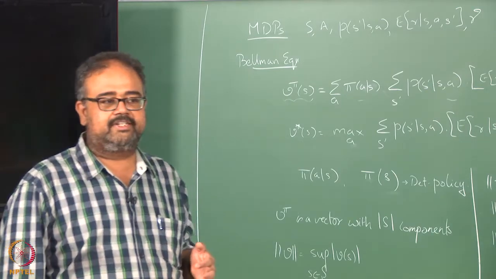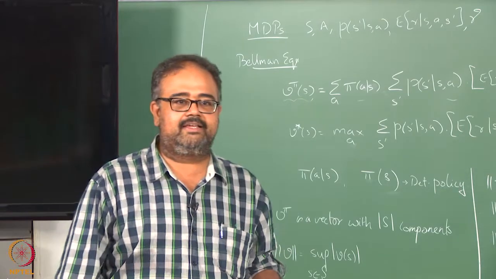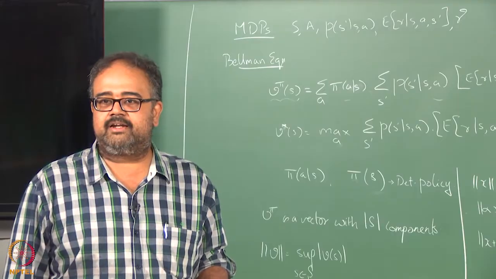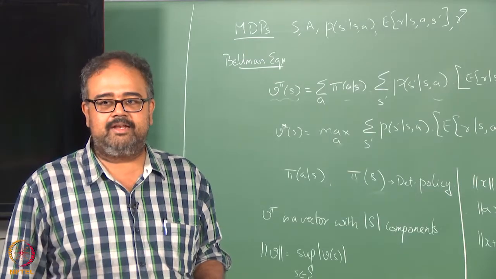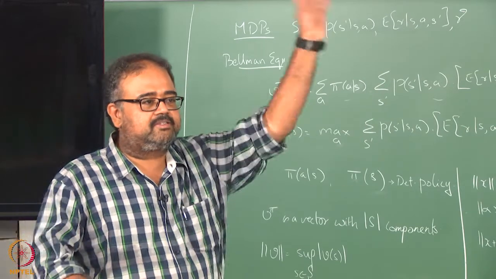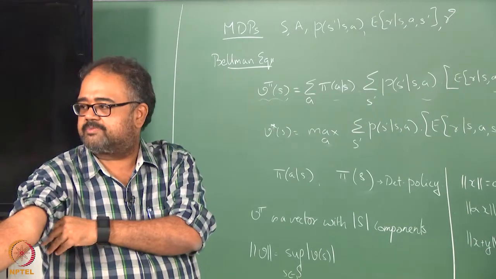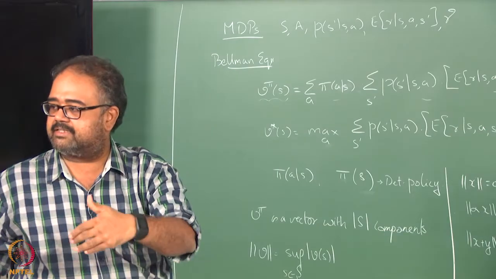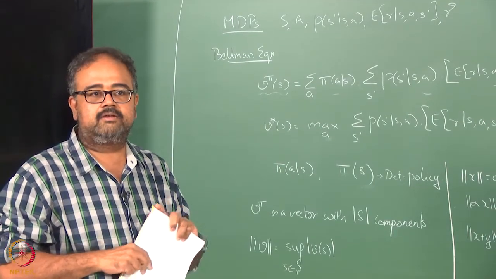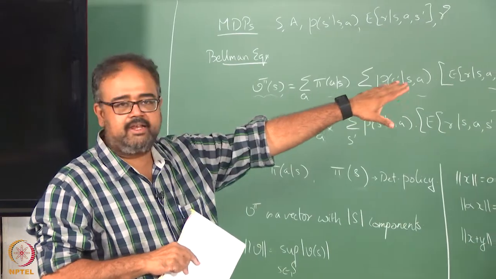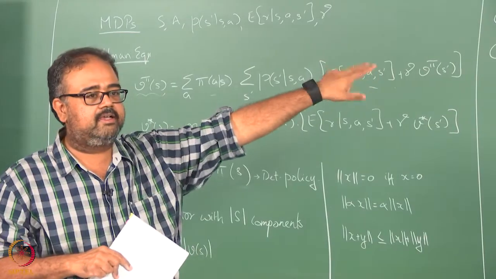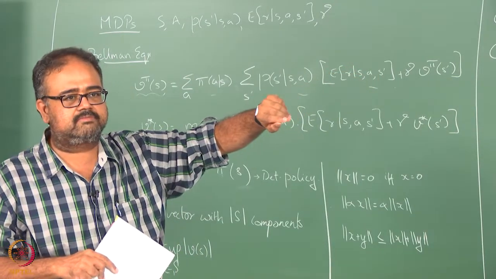When I say it is a value function, I am implicitly saying that there is a policy for which that is the expected return. But when I say it is a point in the space V, that need not necessarily be true. It is just some point in an S dimensional space, and there need not necessarily exist a policy corresponding to that function. So I am just saying it is some function V that exists in that space capital V.